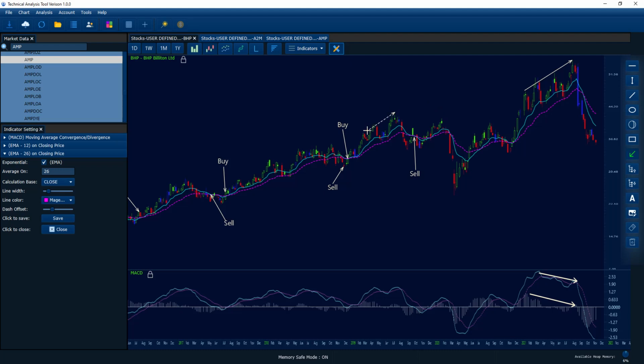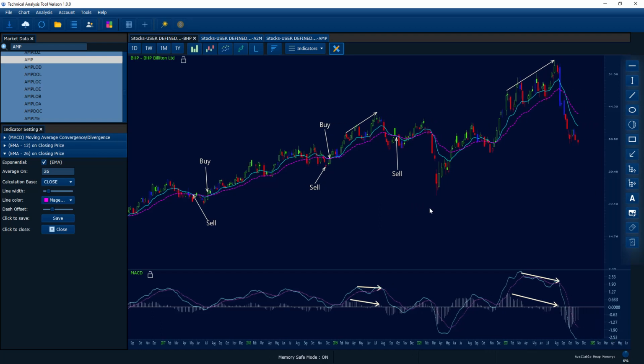You can see from here the price is moving higher, the MACD is flattening or a little bit lower here, and the histogram very obviously has a divergence with the price action. As you can see, the price falls into consolidation for quite some time after that. So that's another type of divergence.